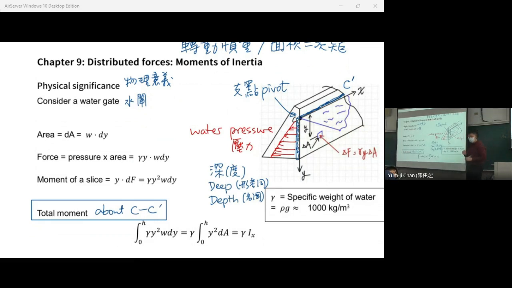Now, because we want to consider the total moment about C and C prime, we go this way and consider an area like this. So the width of this area is W and the height is dy.